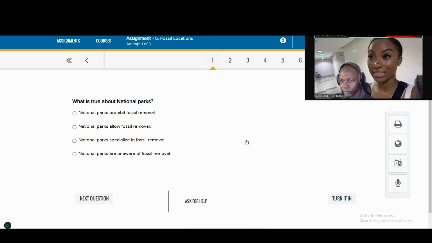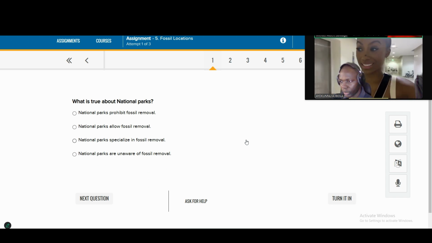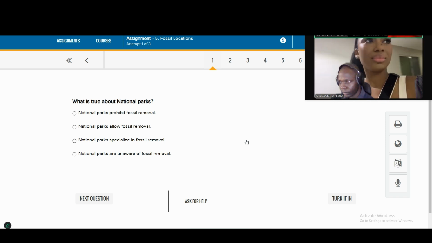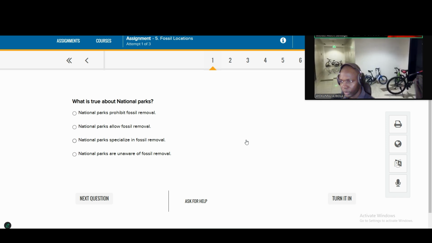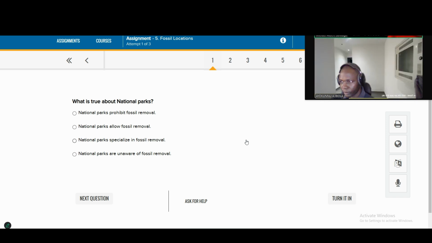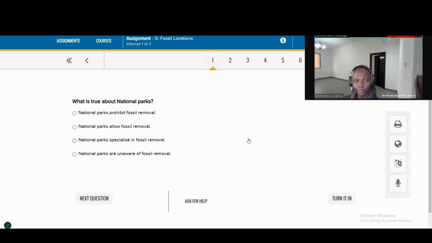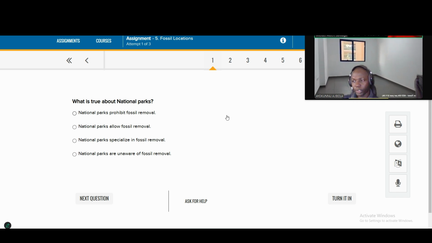What is true about national parks? What does the second option say?